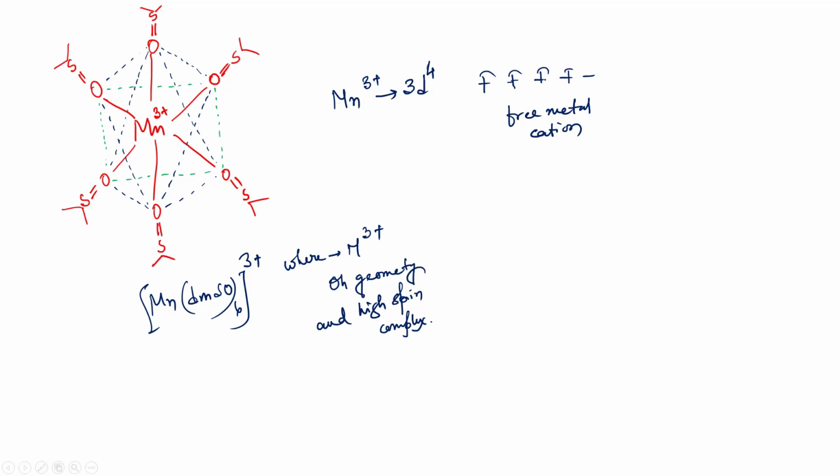Now, in octahedral geometry, these 5 equal energy d orbitals will split into different sets of orbitals.